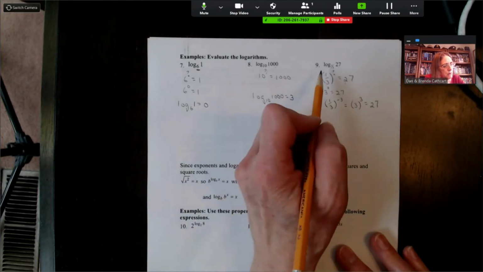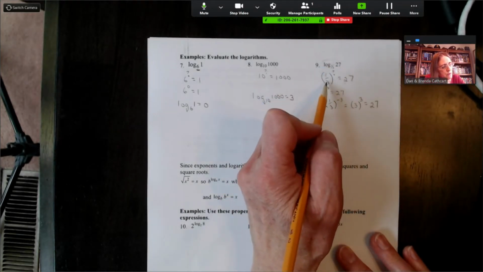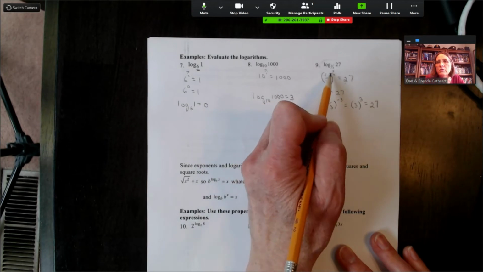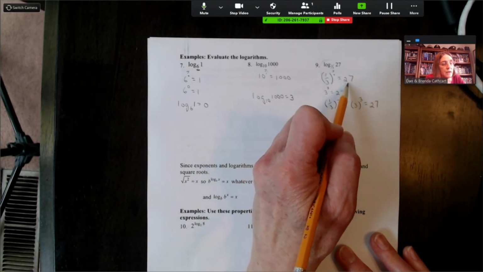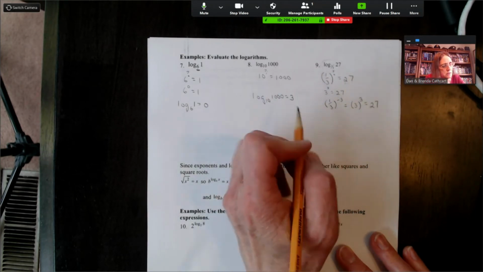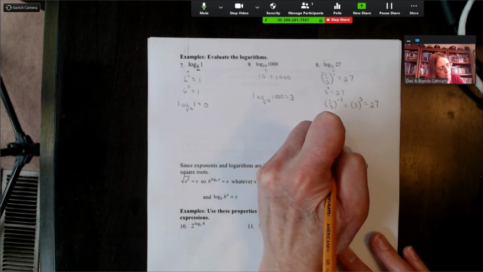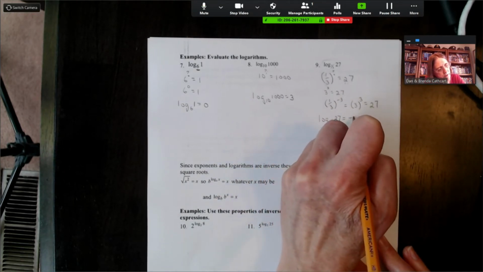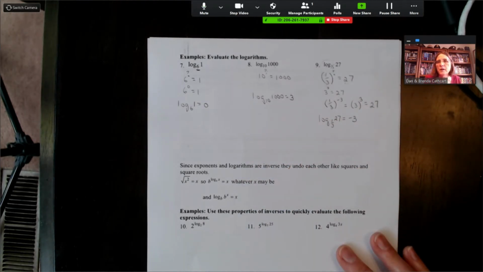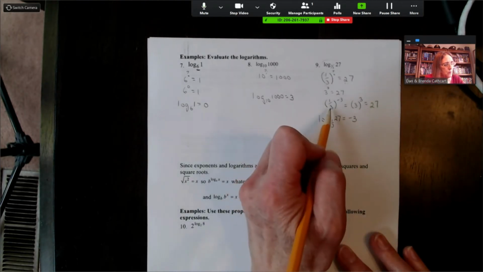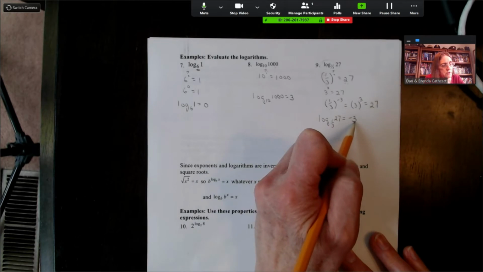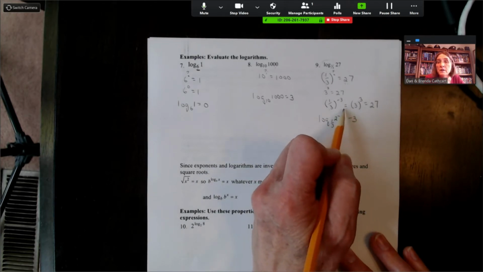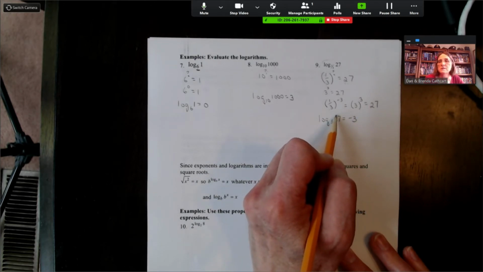So I know then that the exponent that I raise 1/3 to, to get an answer of 27, has to be -3. Log base 1/3 of 27 is -3, because 1/3 raised to the -3 power is equal to 27.